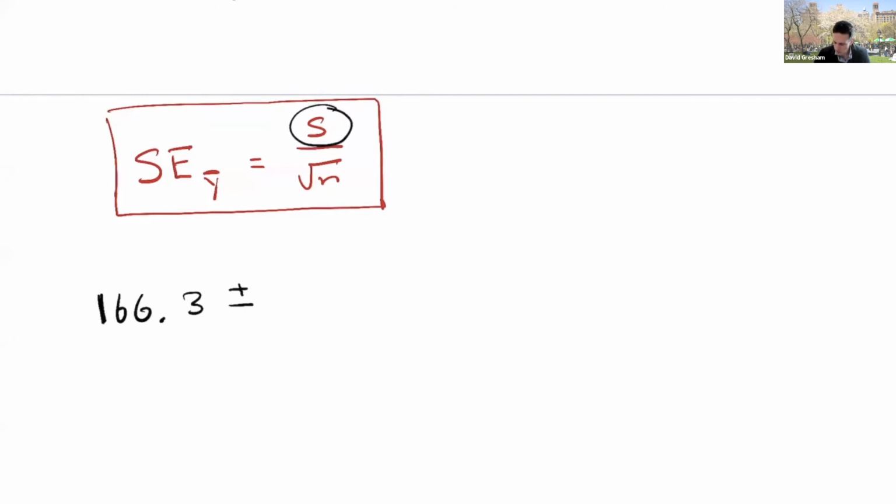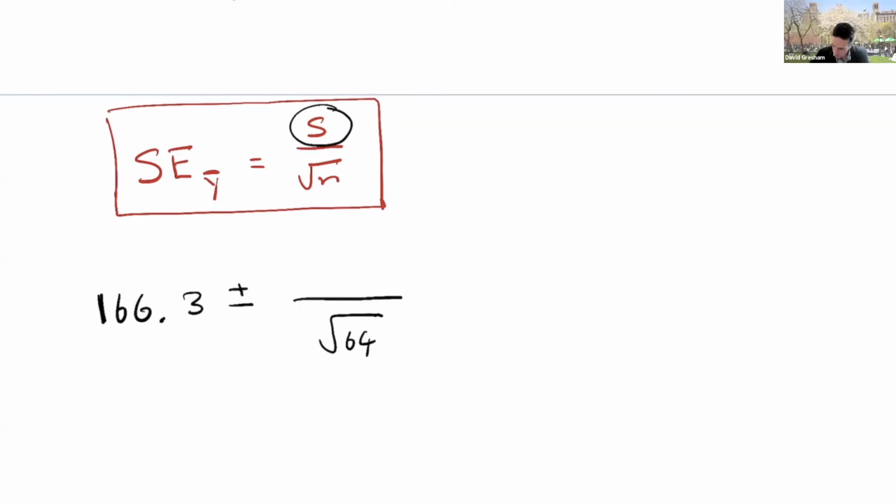I'm going to have to make it up in this case because I don't have it at hand. I'm going to make this easy for myself by pretending that our sample is actually 64, because the square root of 64 is what? 8. So that's going to work out nicely.